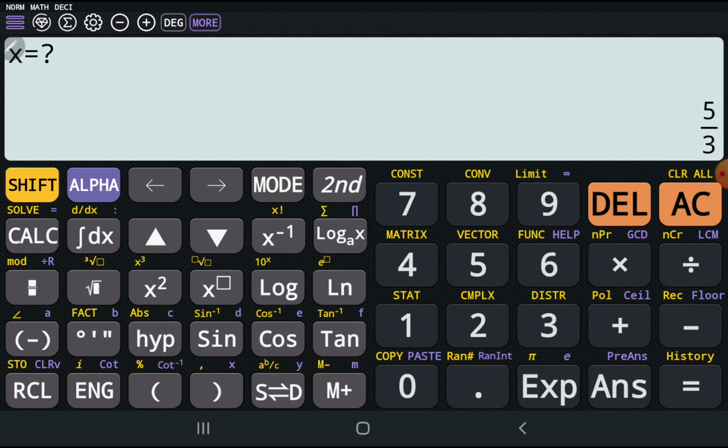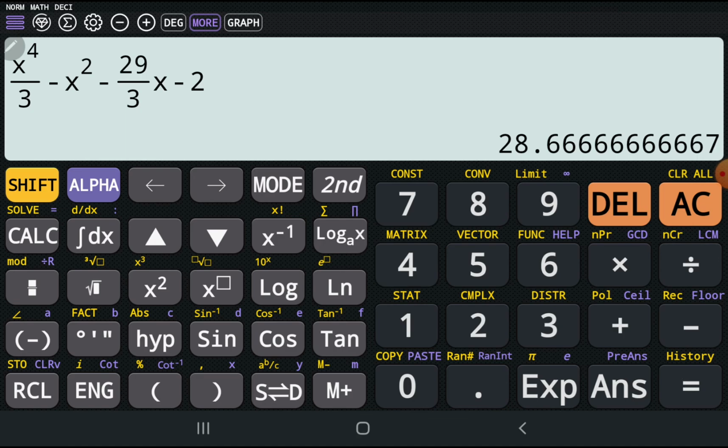The calculator will ask you what the value of your x will be, and according to the problem, x is equal to the variable t, which is 4 seconds. Therefore it equals 28.667.